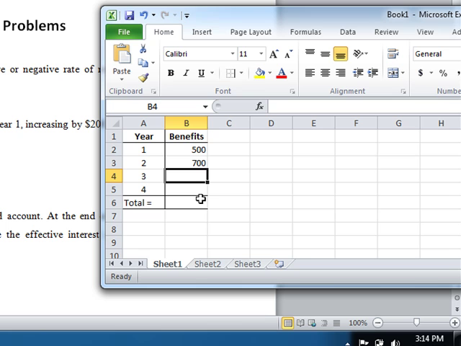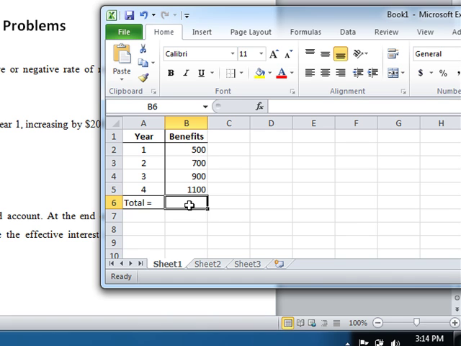Then I can enter another formula in the third year, equal to benefit in year 2 plus 200, and then in year 4 I have to enter a formula equal to 900 plus 200, so that is 1100.